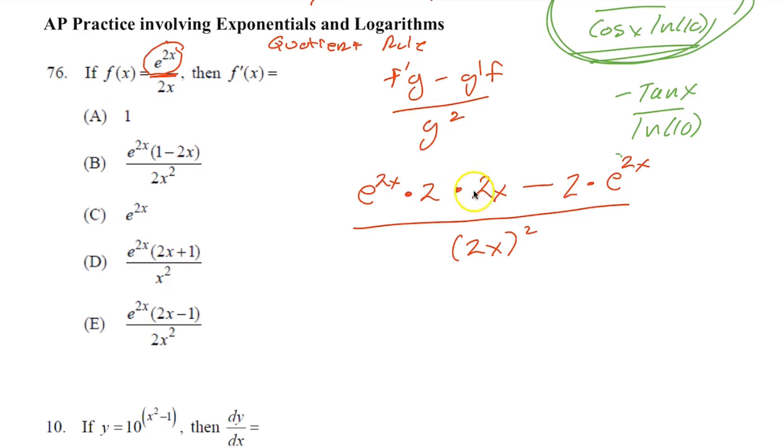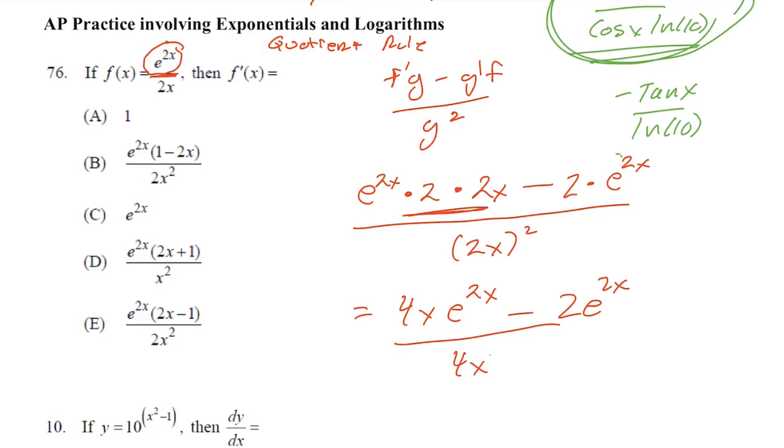Now again, free response, I'm pretty happy with that. Multiple choice, I gotta make it look like one of these. So I gotta know my algebra. So let's simplify each one. That's 4x e to the 2x minus 2e to the 2x all over 4x squared. Let's see if there's anything we can simplify. They both have an e to the 2x, and they both have a 2.